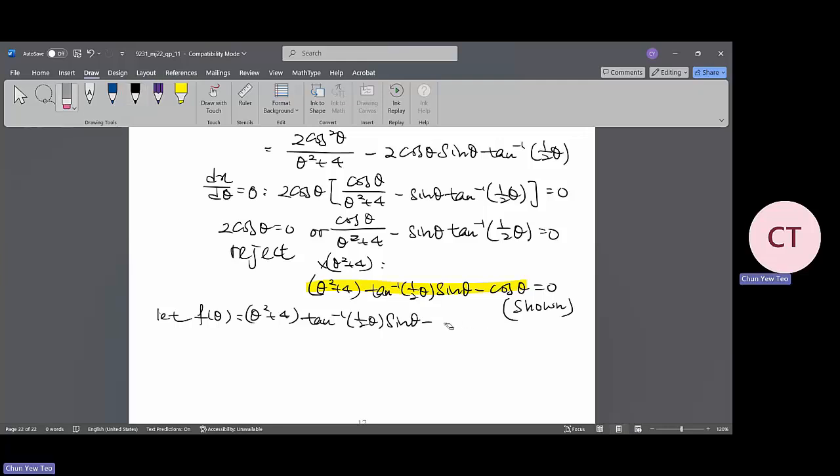So we just need to use our calculator, change it into radian mode. Okay, so we just check f(0.6) and f(0.7). To save time, I have calculated this earlier, but you have to practice pressing the calculator yourself.